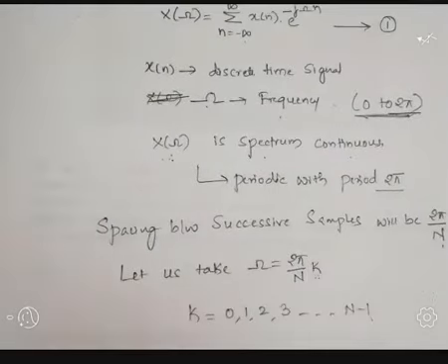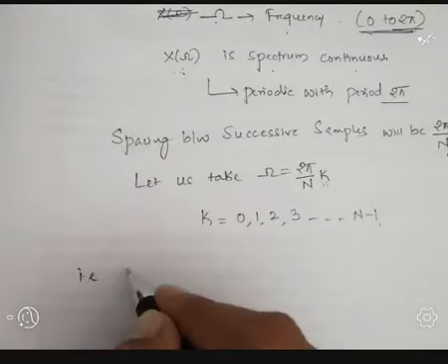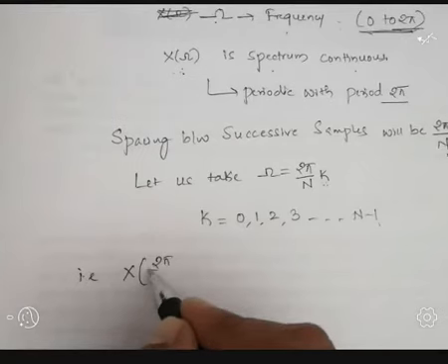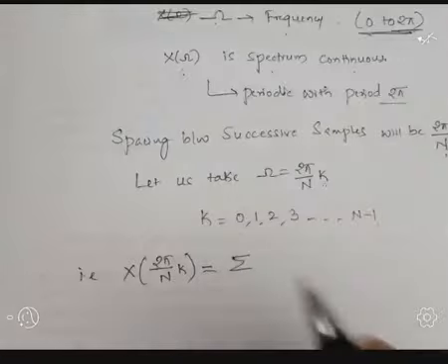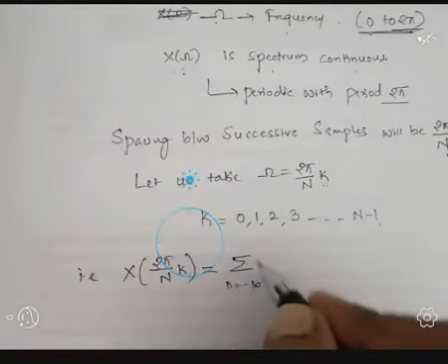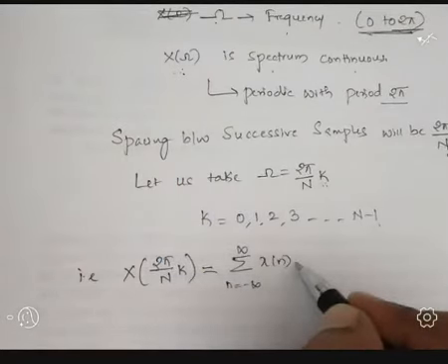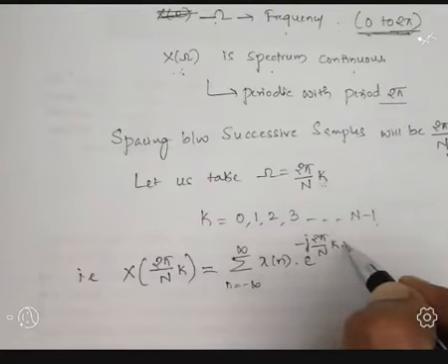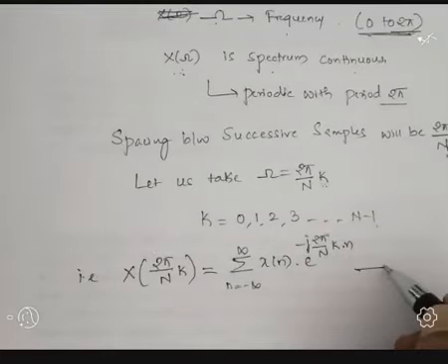Hence equation 1 becomes X of 2 pi by N into k equal to summation n equal to minus infinity to plus infinity x of n e to the power minus j 2 pi by N into k into n. This is the omega value. I will represent it as equation number 2.